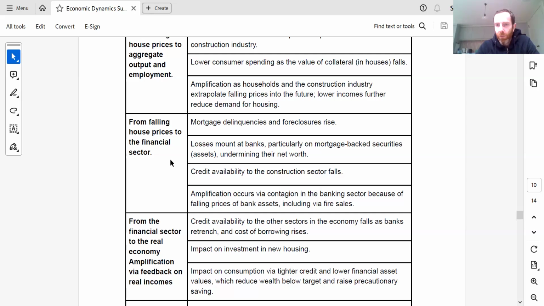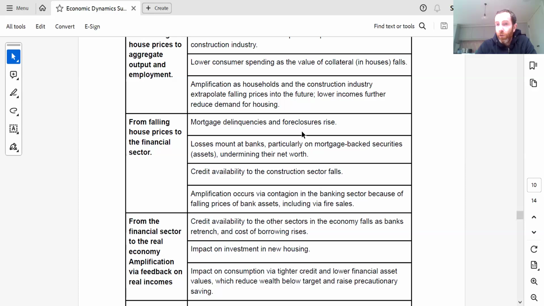Well, if house prices fall, people who own the houses have less collateral, and maybe that means it's harder for them to borrow money. And possibly they were borrowing money in order to afford to pay their mortgage. So now they can't borrow so much, maybe they can't afford to pay off their mortgage, and they become delinquent, as in they're failing to make repayments. So we see mortgage delinquencies rise.